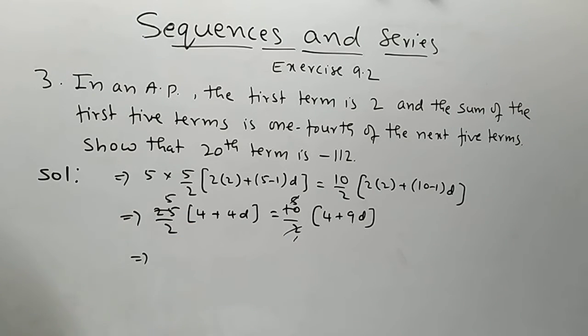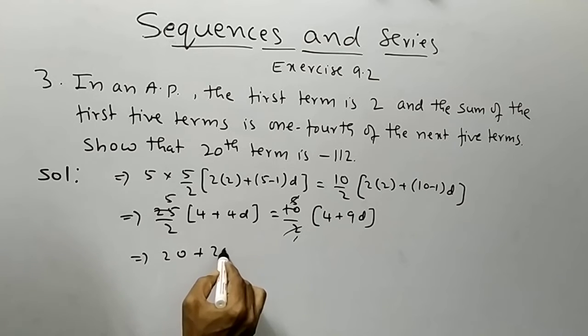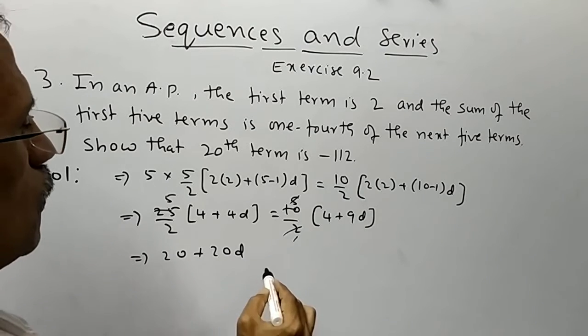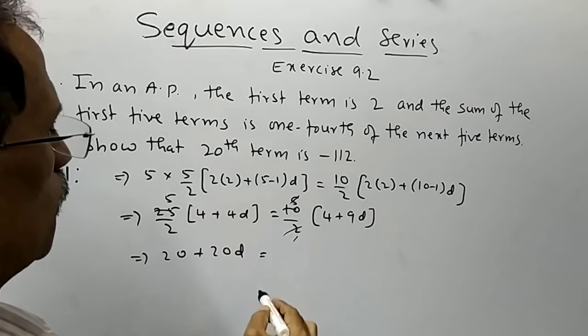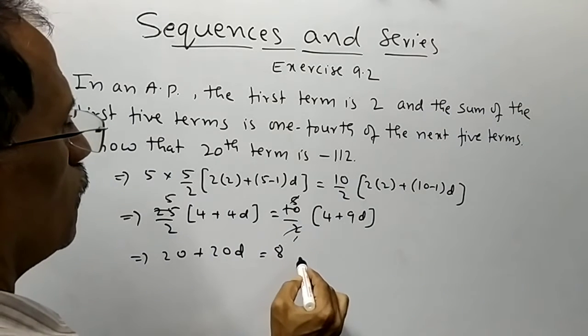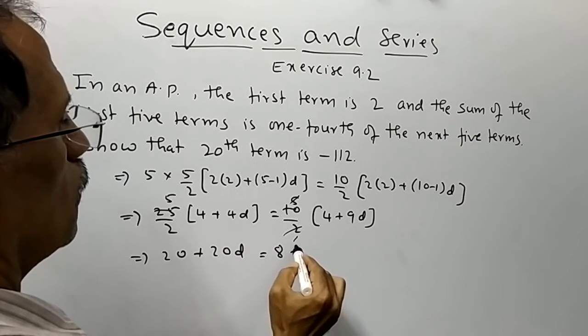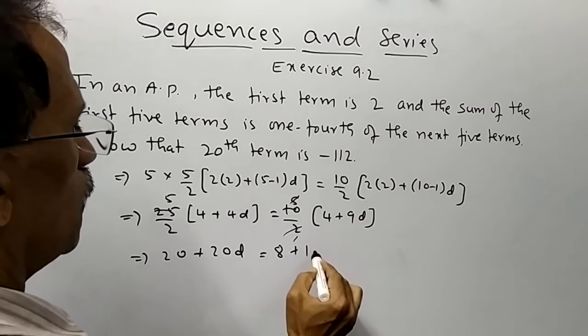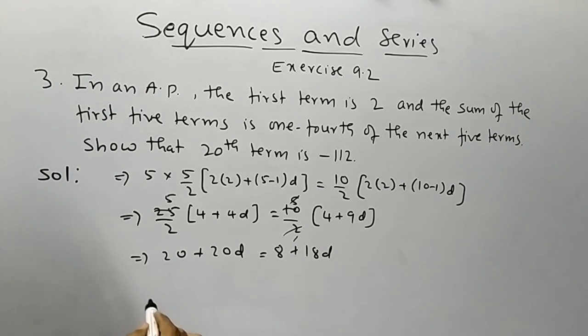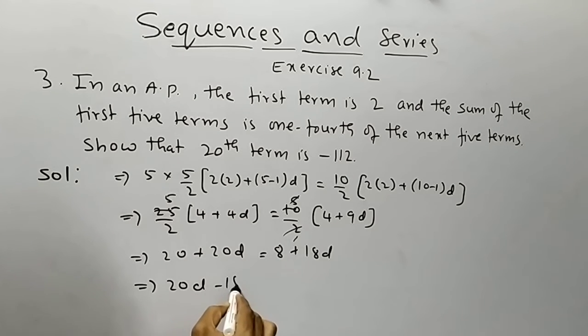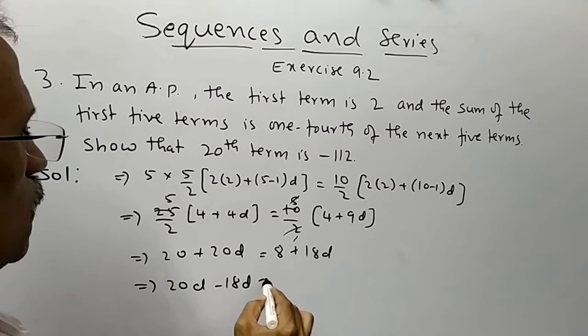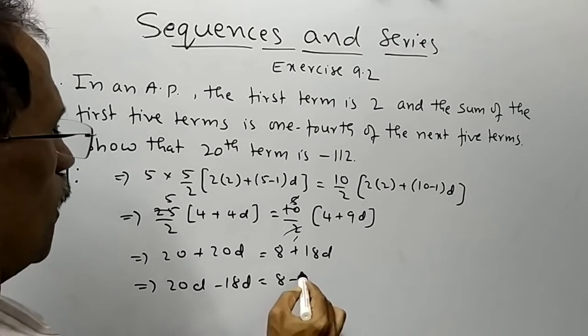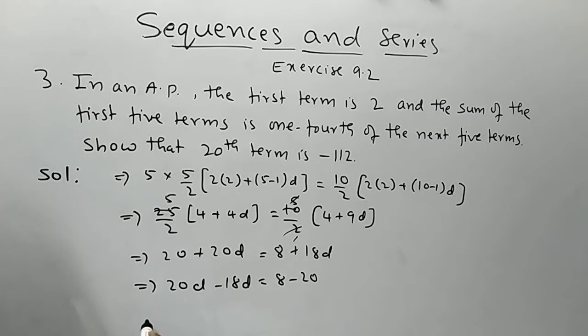This implies 20 plus 20d is equal to, by cross multiplication, 8 plus 18d, implies 20d minus 18d is equal to 8 minus 20.